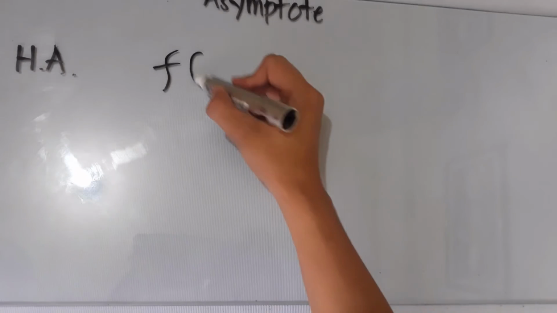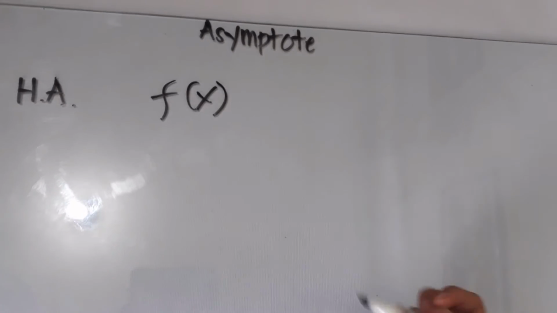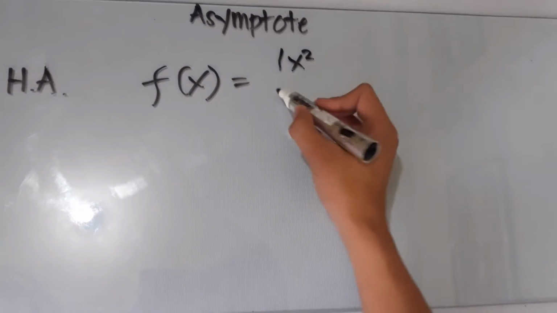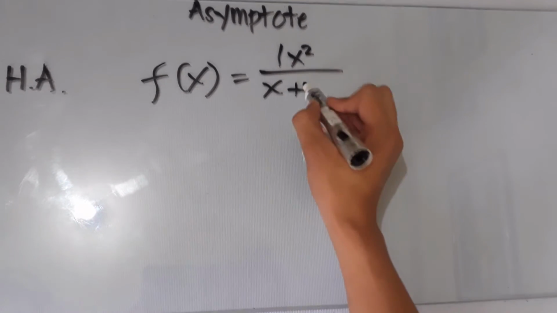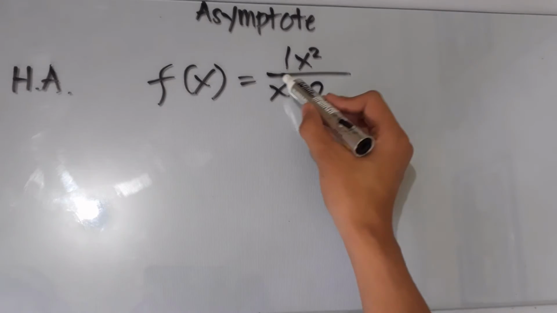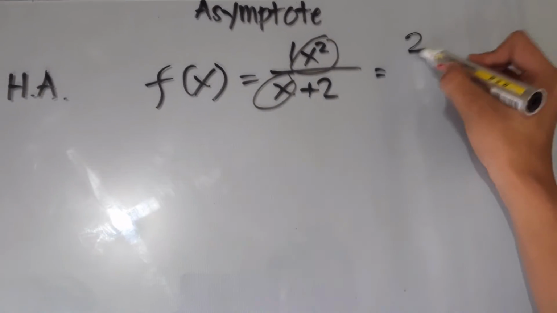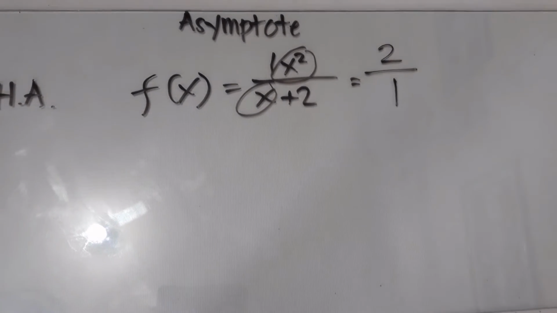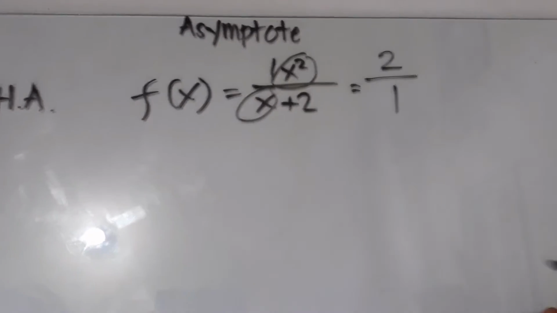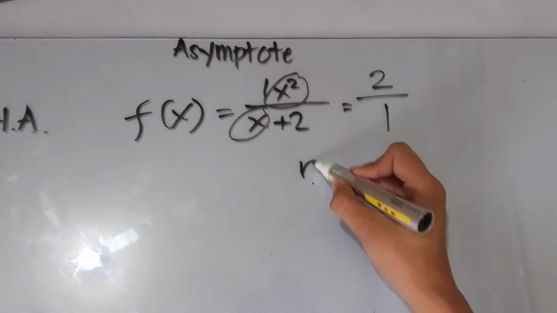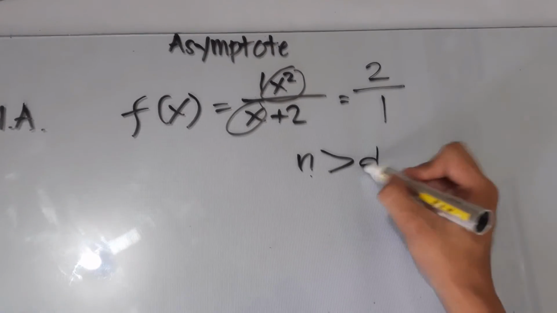Now, sometimes this also happens. Let's say f of x is equal to x squared over x plus 2. Now, if we compare the degrees, then it will be 2 over 1. So what happened? The numerator is greater than the denominator.